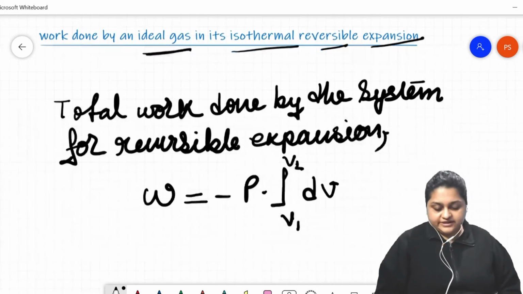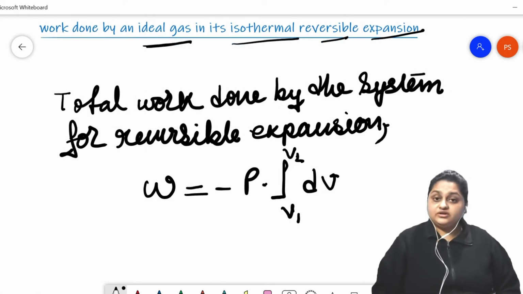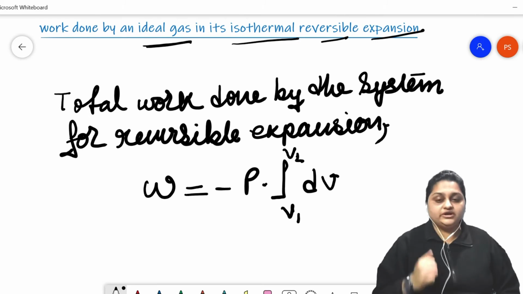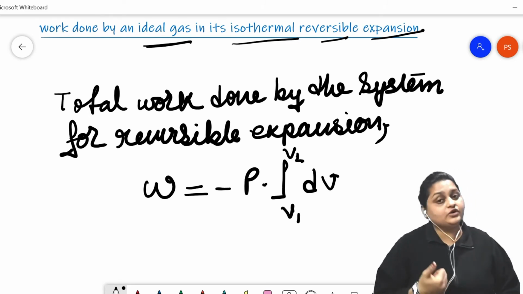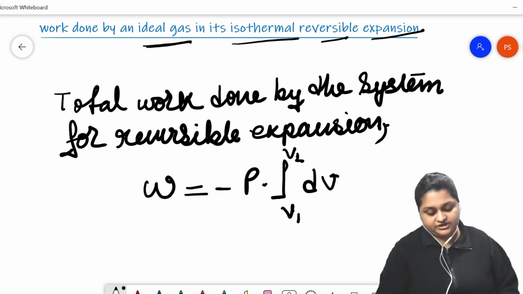Now let's apply this particular mathematical expression for an ideal gas and isothermal condition.